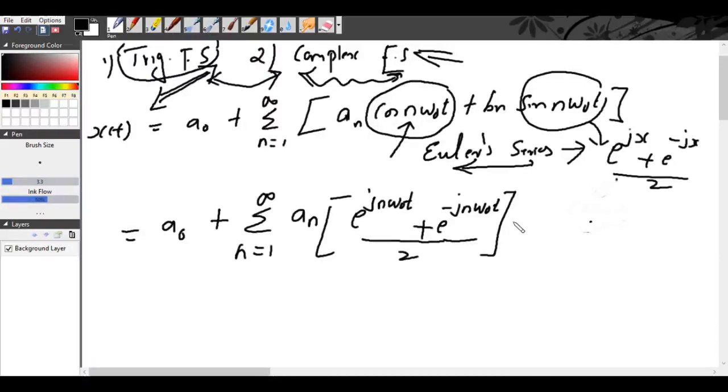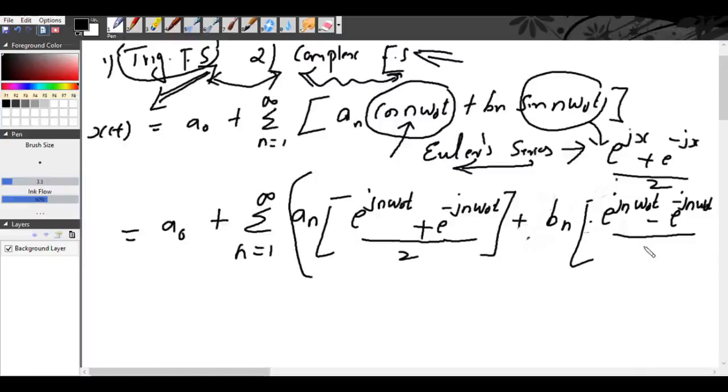Okay, let me use a bracket here. And what about this one? bn times e power jn omega naught t minus e power minus jn omega naught t, divided by 2j, right?